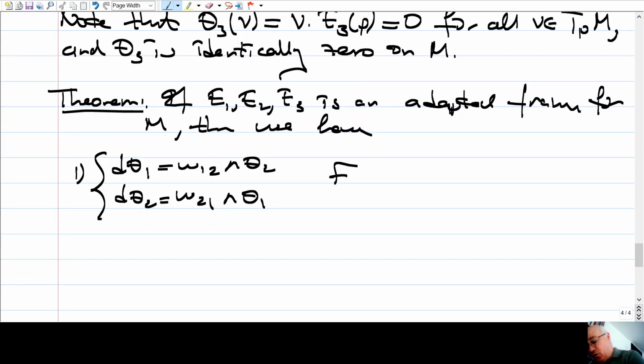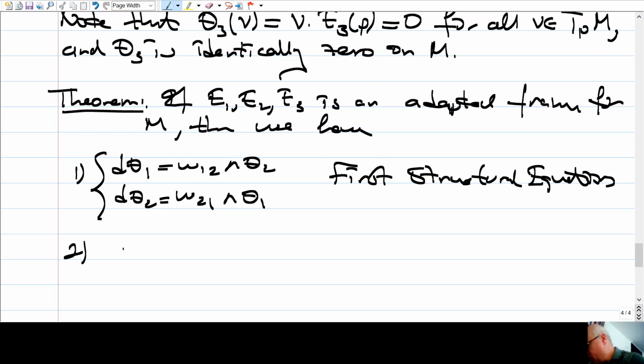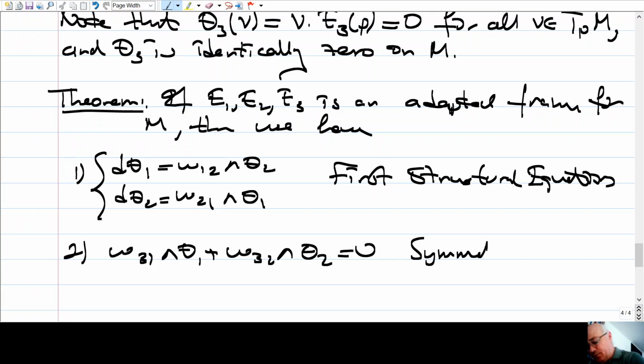These are called first structural equations. Second, omega 3 1 wedge theta 1 plus omega 3 2 wedge theta 2 is 0. This is called the symmetry equation.